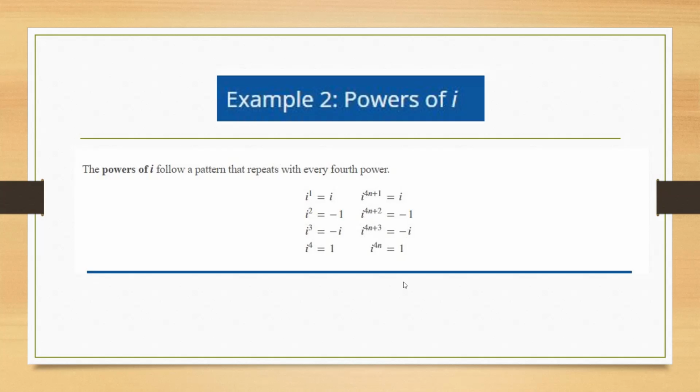So given this scenario, this will allow us to see if our answer will become an i, a -1, a -i, or 1. So let's put this into practice using the powers of i to compute a few example models. So let's get ready to review those models.